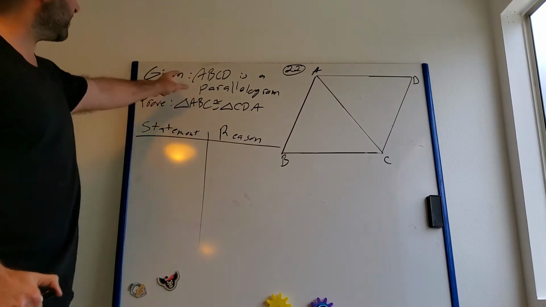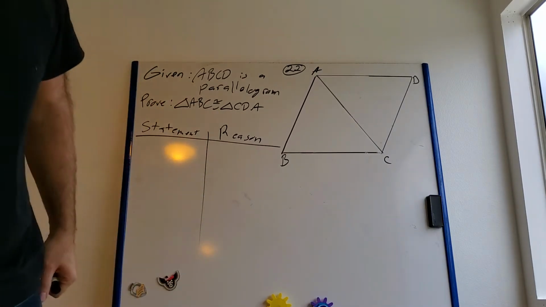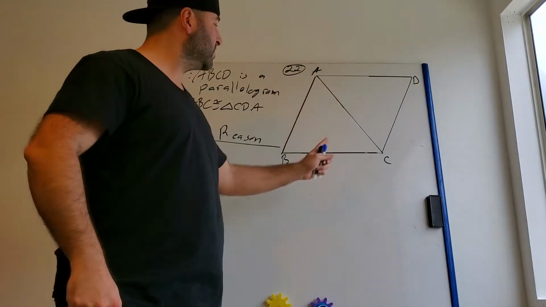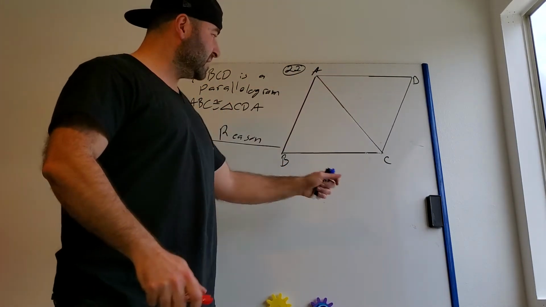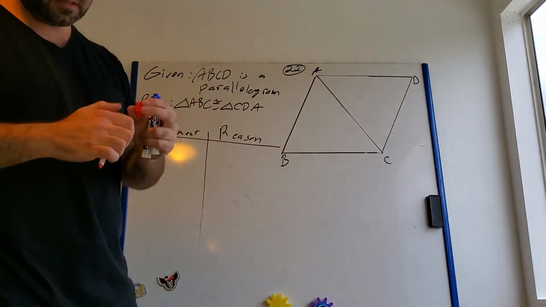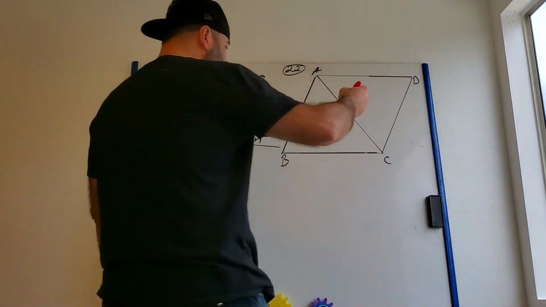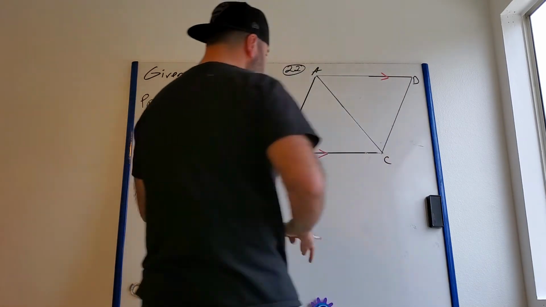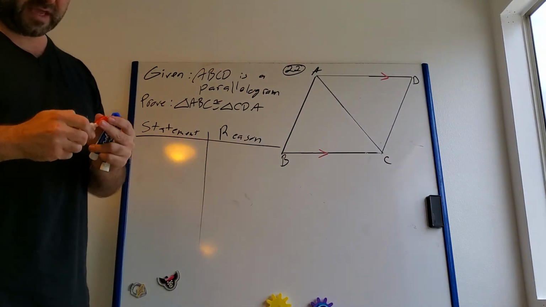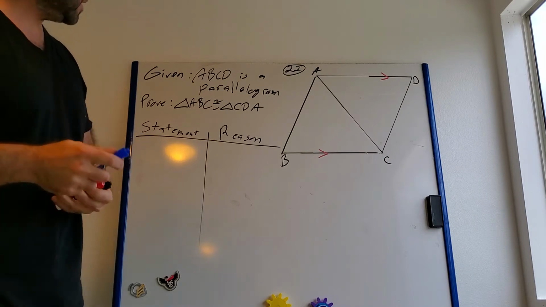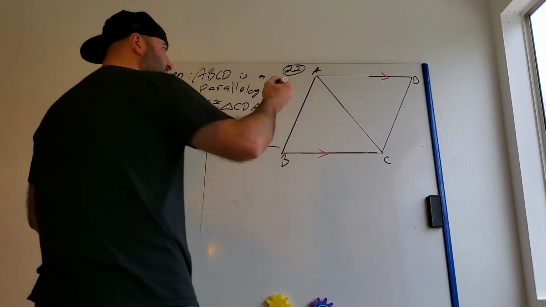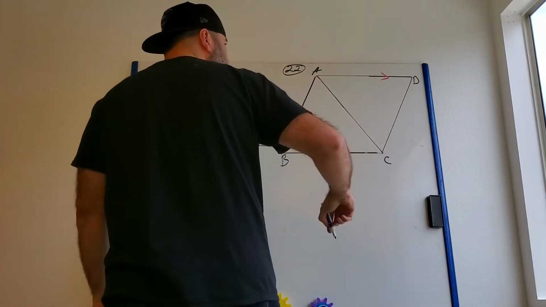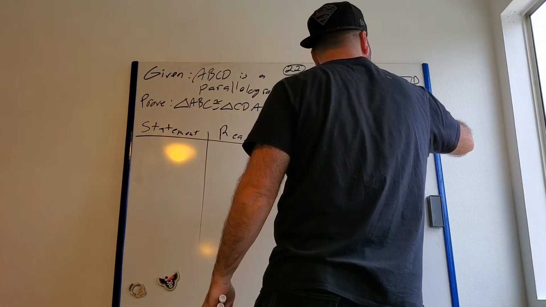So first, let's start off with the fact that this is a parallelogram. The fact that it's a parallelogram means that these two sides, AD, is going to be parallel to BC. Okay. Not only that, it also means that AB is going to be parallel to DC.